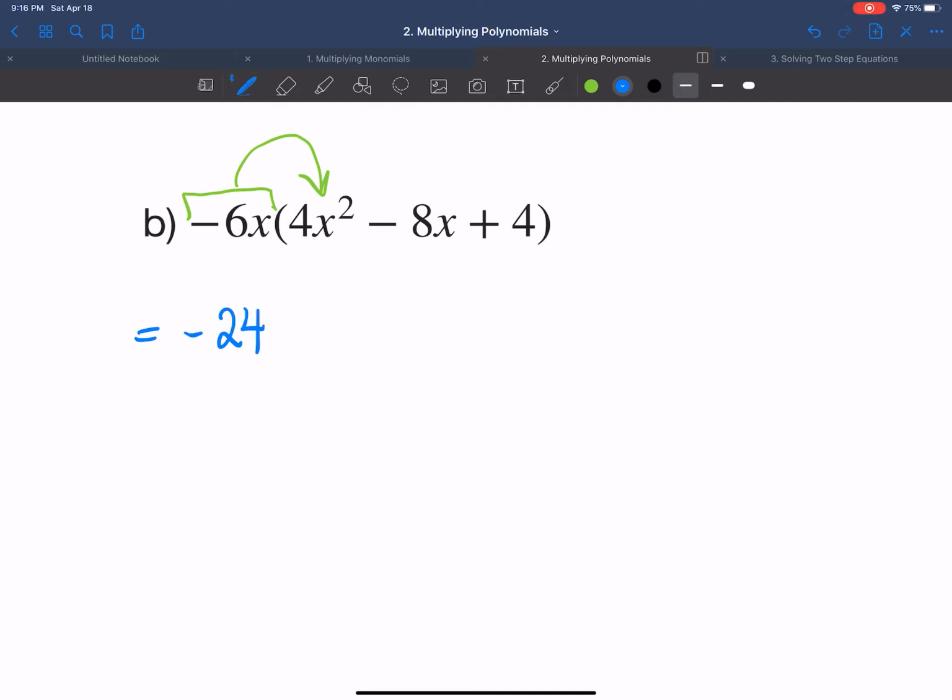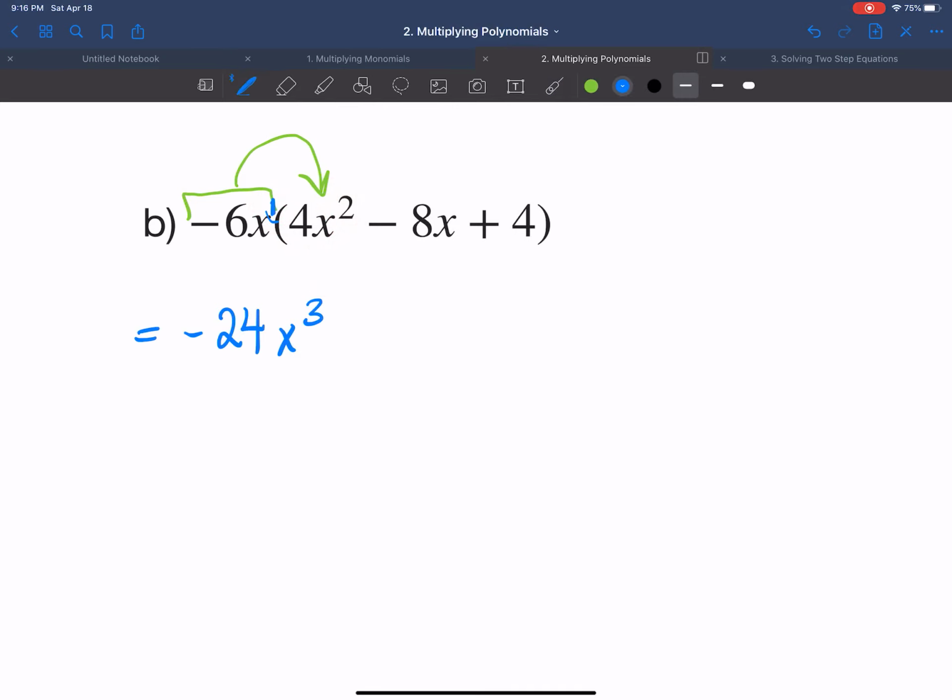X times x squared makes x to the power 3. Okay, there's an imaginary 1 there on top of that x. So I'm adding 1 and 2. This 1 here, and that 2 there. These 2 things combine to make 3.